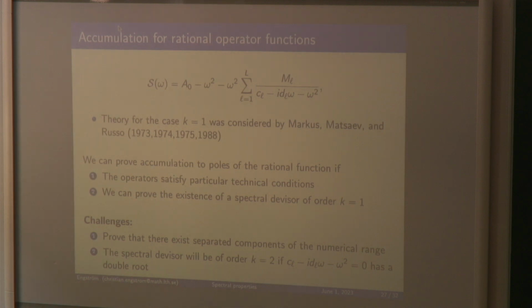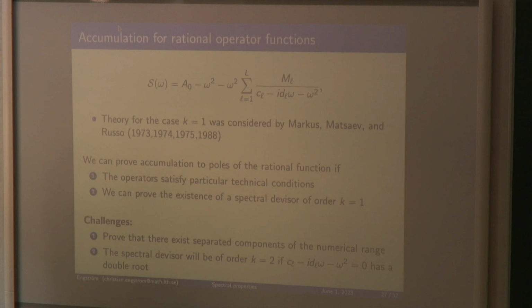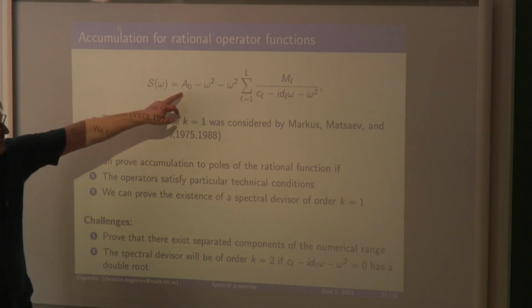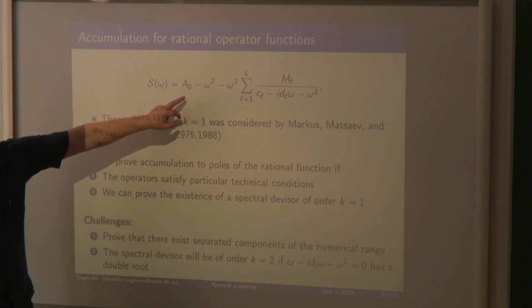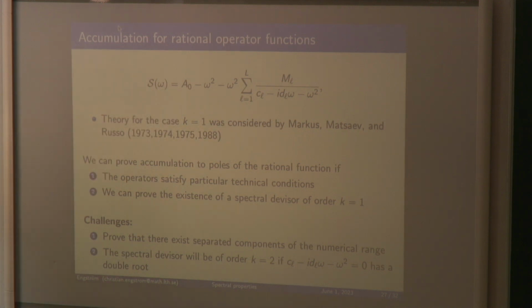I just looked at Alexander Markus' book, which I would cite in the end. Then we can prove accumulation of eigenvalues if we have these special conditions. So actually, the resolvent of A0 needs to be very nice. It should be in a Schatten-von Neumann class. Otherwise, it will not work.